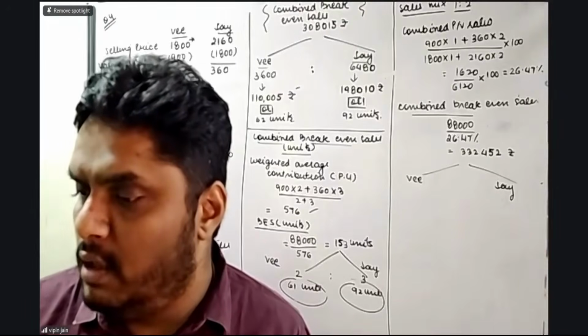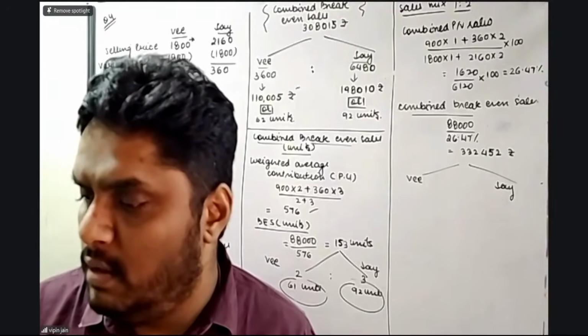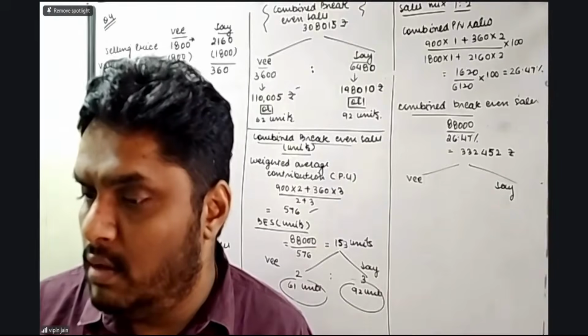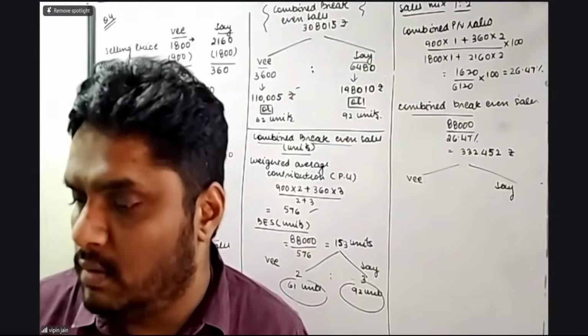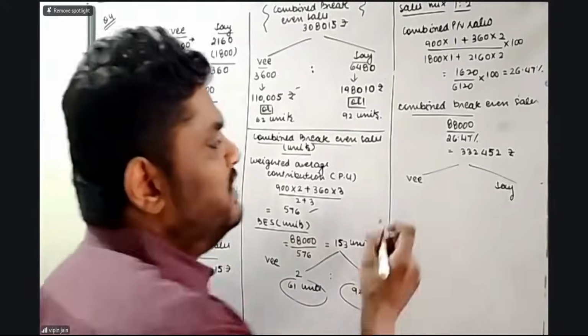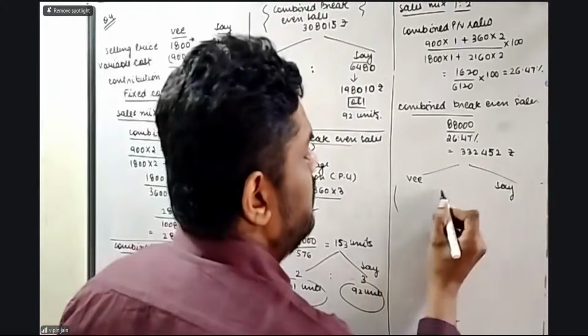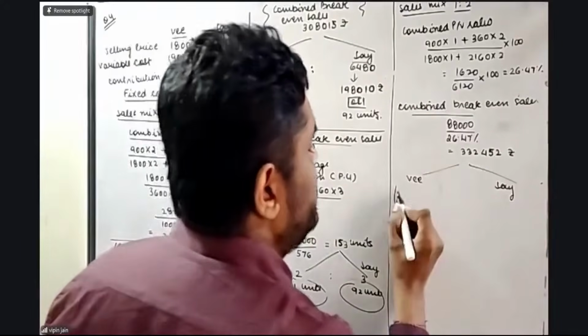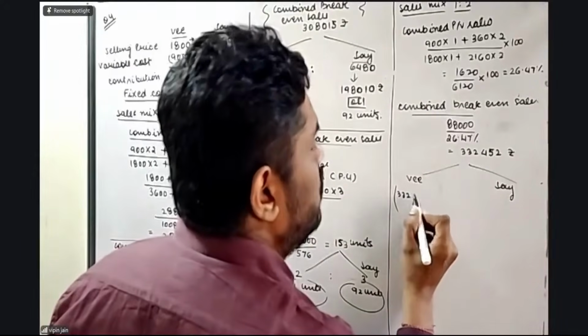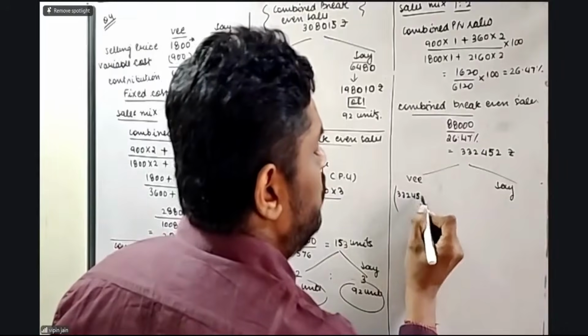Yes, Pooja, Kambira, Ankita, Neha. So the calculation is very simple. Wherein my total sales is 332,452.